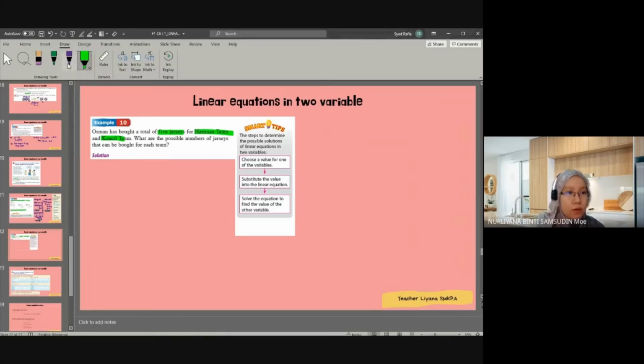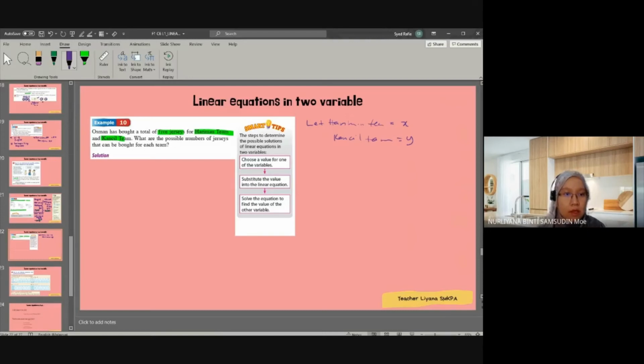Now, let's see. Let the Harimau team be x, and the Kancil team be y.